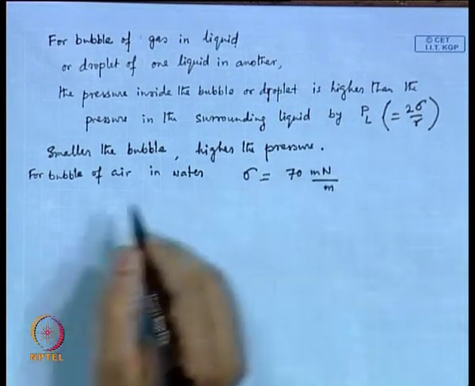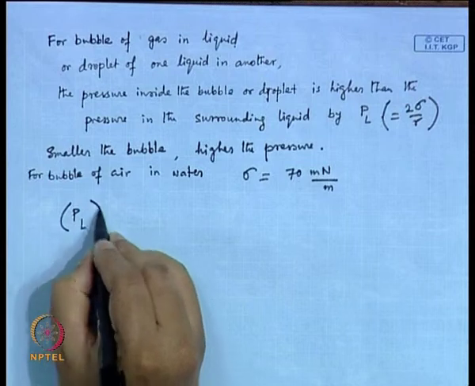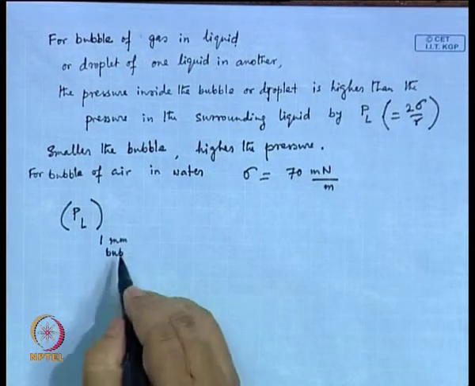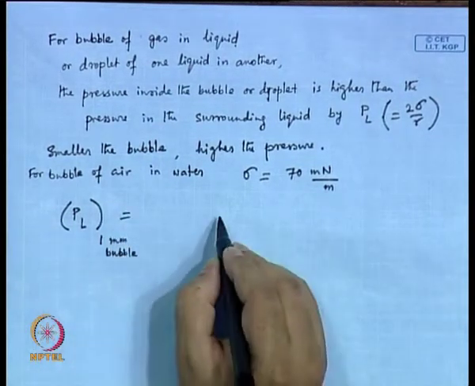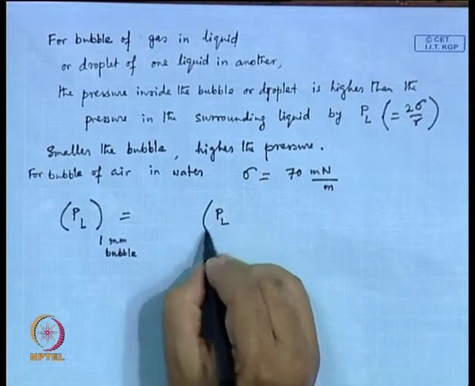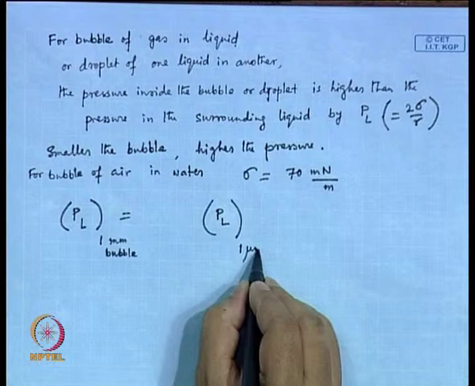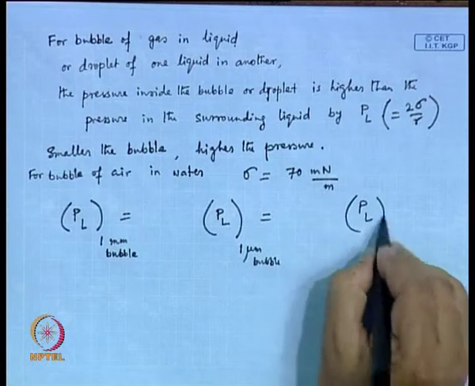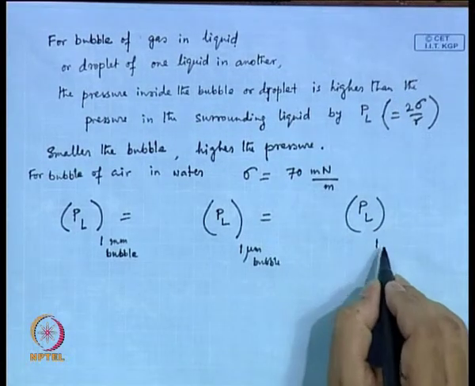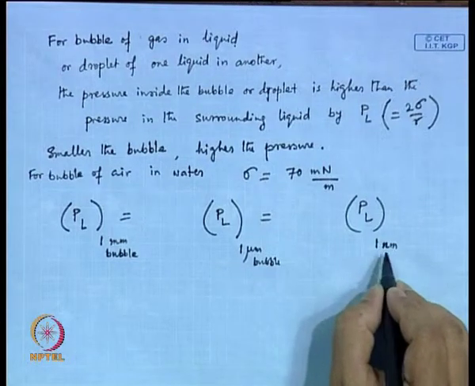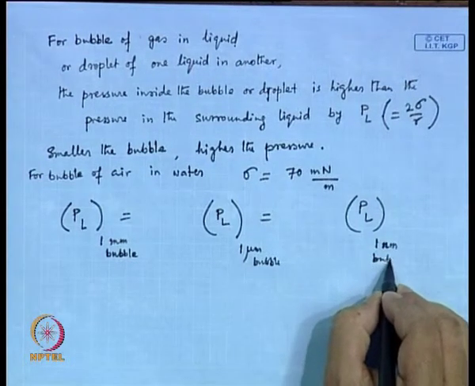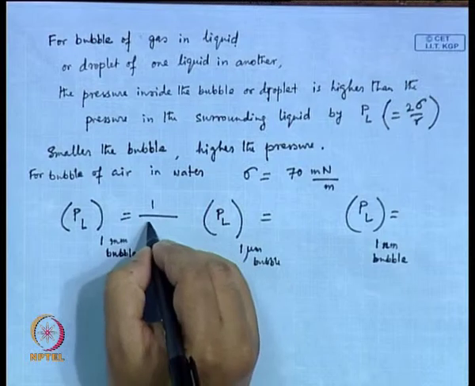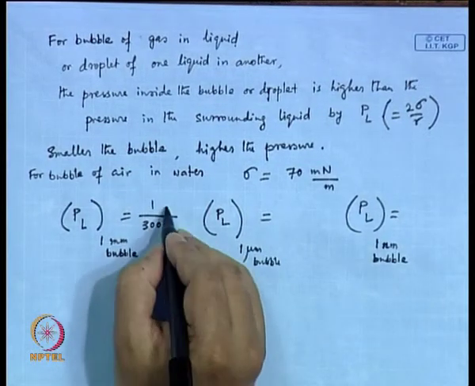Now, if somebody tries to find out PL for a bubble of the order of 1 millimeter, for a size of the order of 1 micrometer, and for a size of the order of 1 nanometer, one will see that this quantity for a 1 millimeter bubble is 1 by 3000 atmosphere.